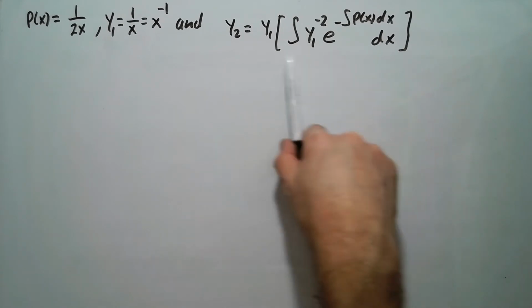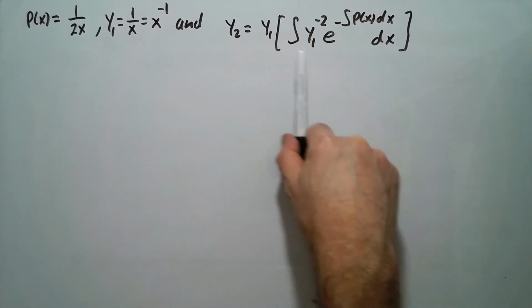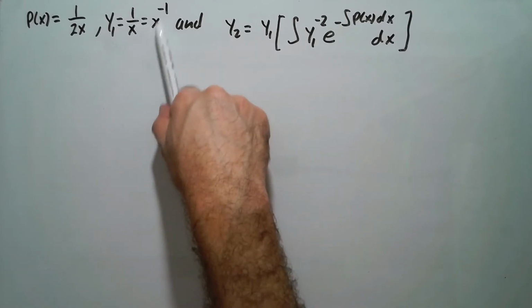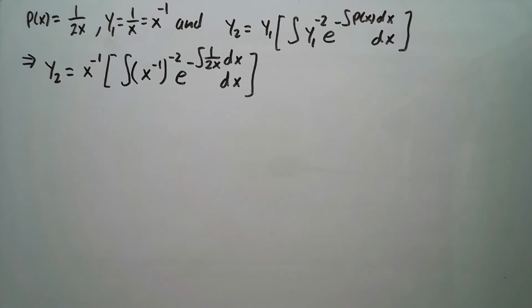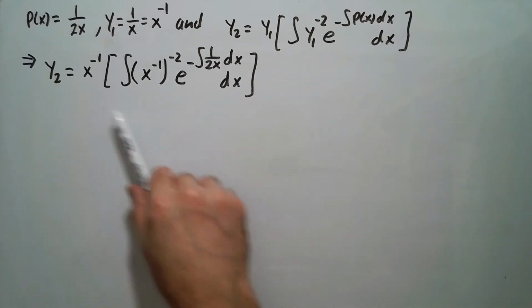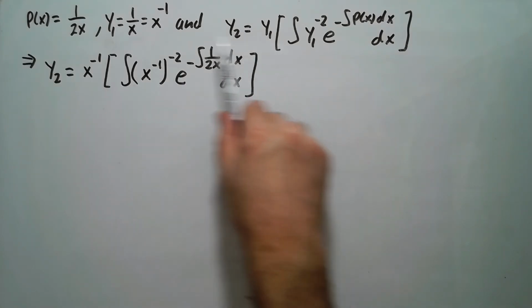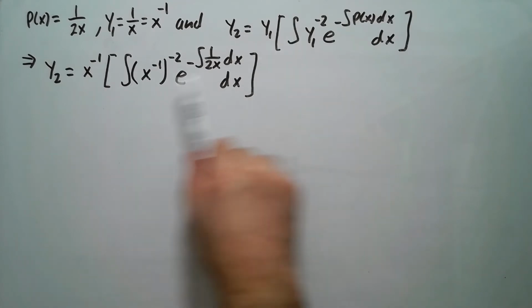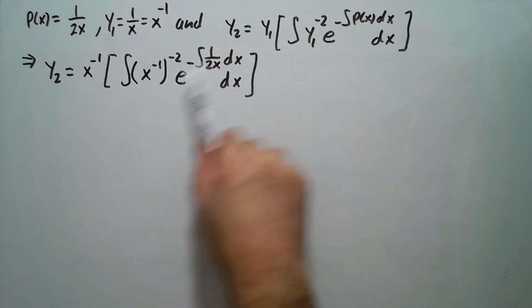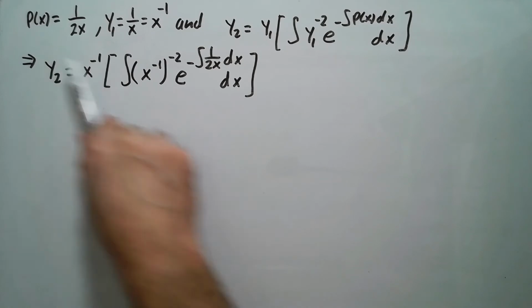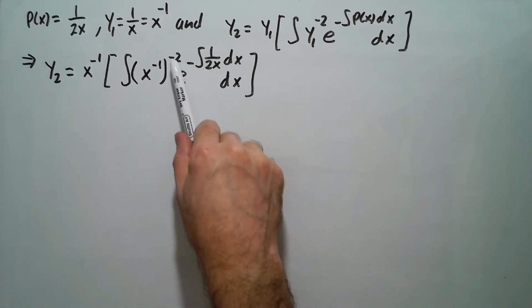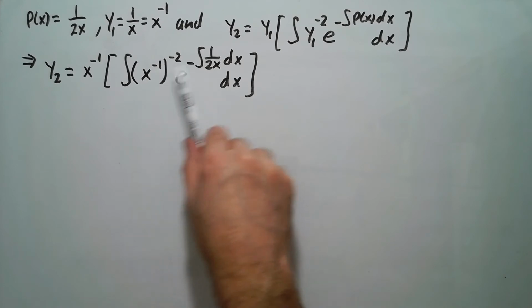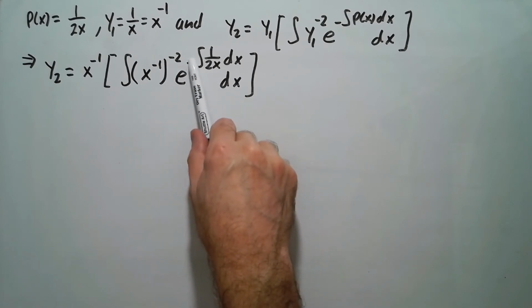So let's plug into this formula with p being 1 over 2x, and y1 equaling x to the minus 1. Making the substitutions, we have y1 is x to the minus 1 here, then y1 to the minus 2 here, and p of x 1 over 2x here. Okay, so let's simplify this a bit. So this is going to become just x squared here. Let me pull out the 1/2 inside the integral here.